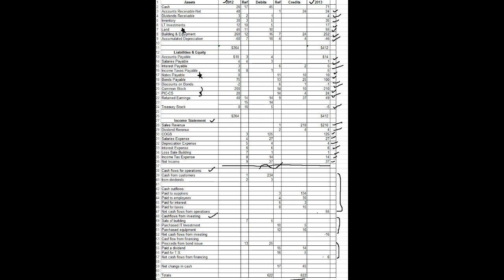If it was related to other assets, it was placed in the investing section. And if it was related to debt or equity other than current liabilities, it was placed in the cash flow from financing activities section. When it was all said and done, we noticed that our totals balanced.